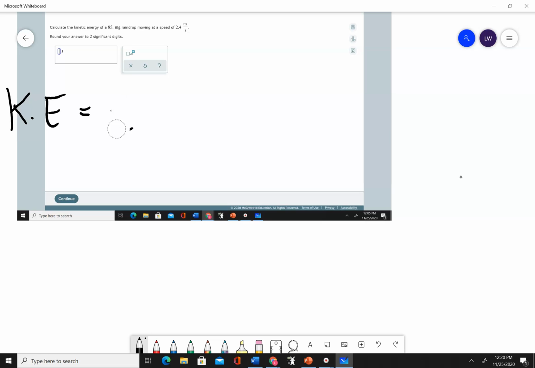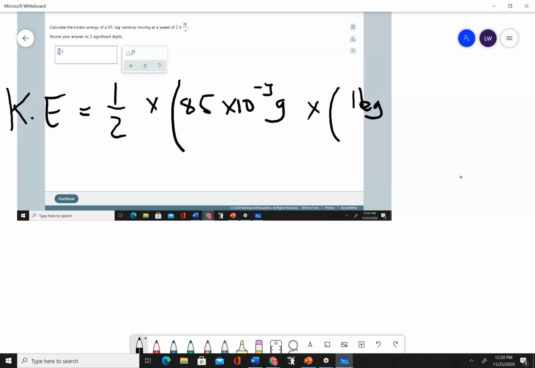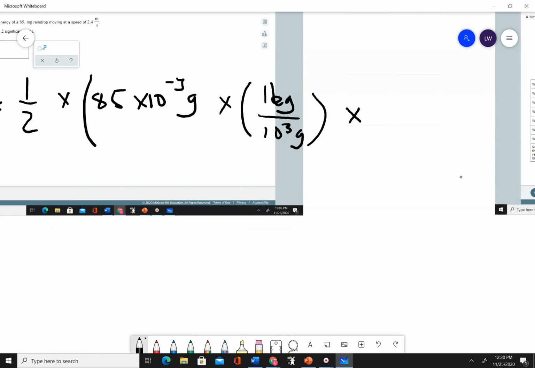So let's see if we can do this. 1/2 times the mass. And so we've got 85 by 10 to the minus 3 grams, and then we need to recognize that that needs to be converted to kilograms, and 1 kilogram is 10 to the 3 grams. So there's our 1/2 times the mass, and then we've got to times that by the velocity squared, so times 2.4 meters per second, all squared.